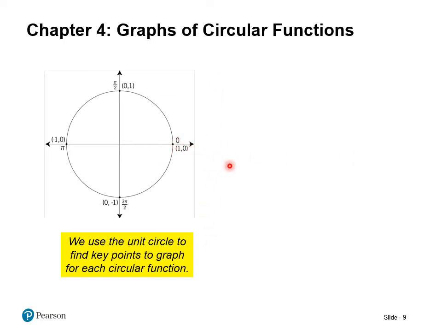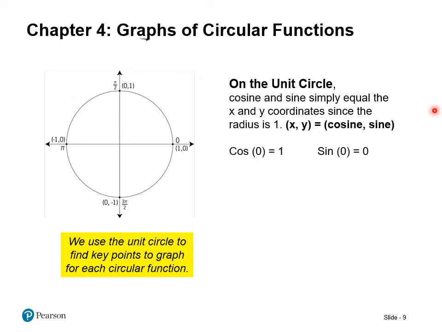So we go from 0 to pi to 2 pi, etc. On the unit circle, cosine and sine simply equal the x and y coordinates, since the radius is 1. We already talked about that. And so here we can see the cosine of 0 is 1, the x value. The sine of 0 is 0, the y value.